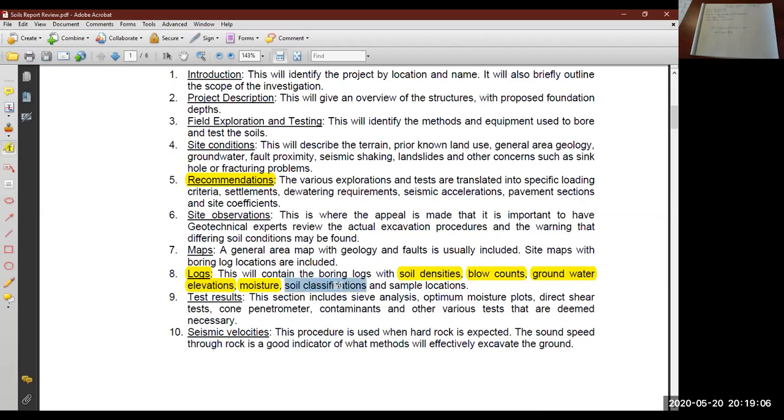The classification of the soil, so this is where you're told if it's silt, if it's sand, if there's a bedrock layer, things like that. Then test results: if any of the material out of the cores had a sieve done on it, you can be provided with a gradation of the material that's down deep.